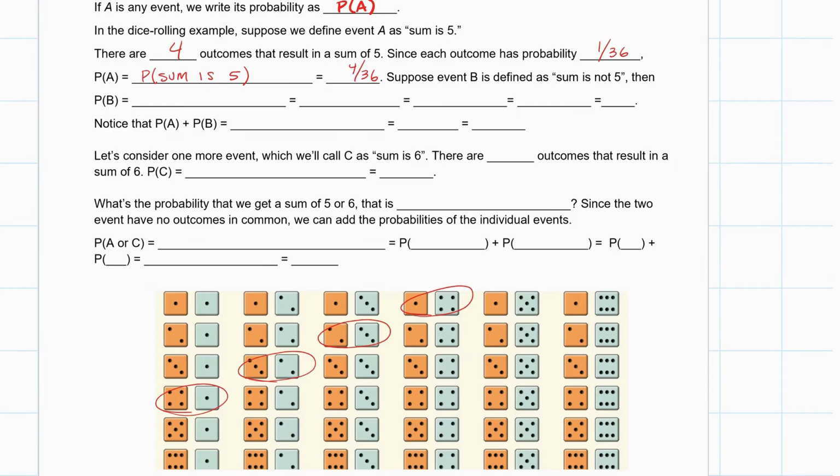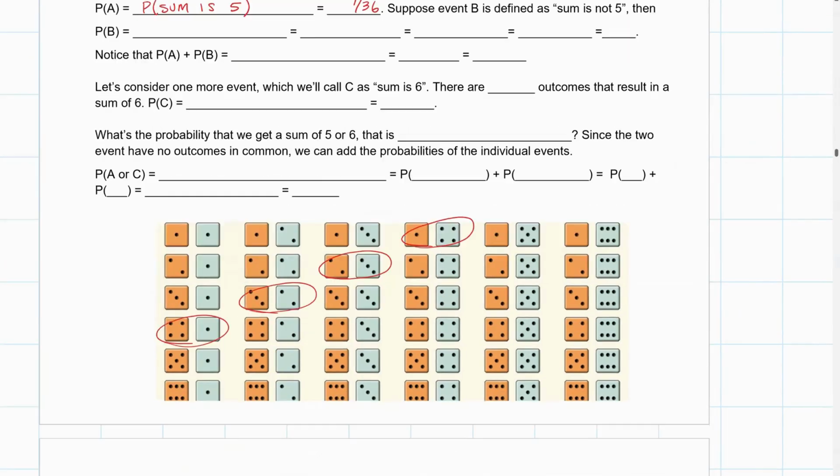Suppose event B is defined as the sum is not 5. Then the probability of B, or the probability the sum is not 5, could be thought of as all the outcomes except for these four.